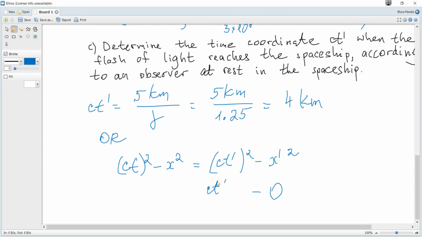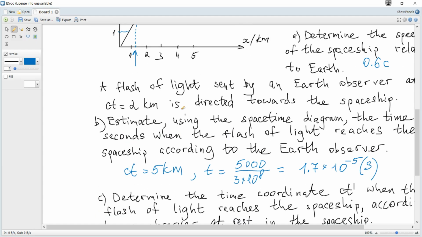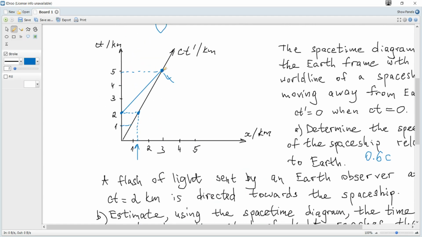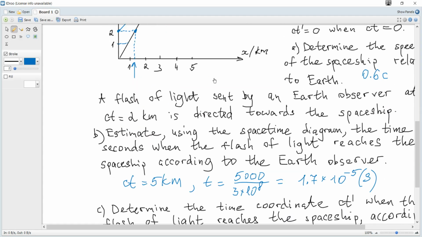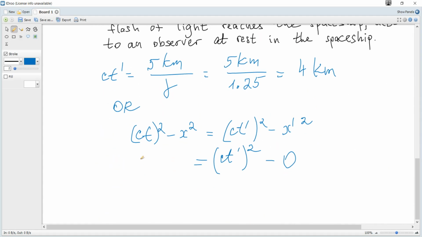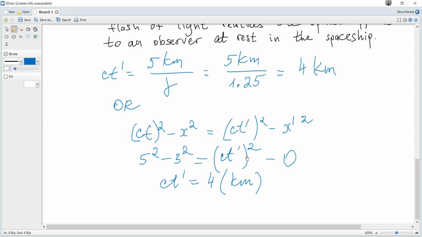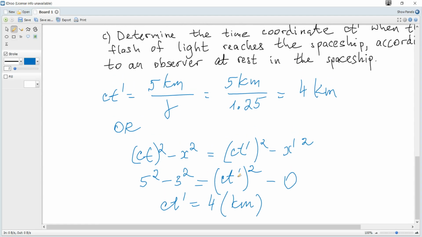And ct and x are coordinates of this event, and you can see that ct is 5 and x is 3, in kilometers. You can see that ct primed squared is 16, so ct primed is 4 measured in kilometers. And that's all for this question.